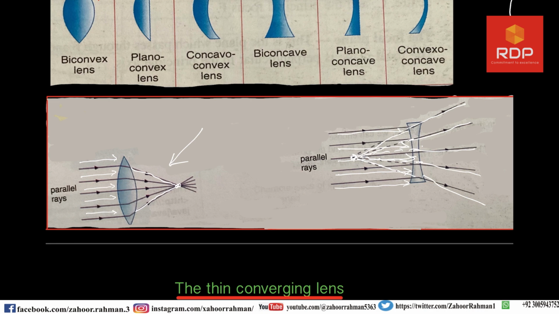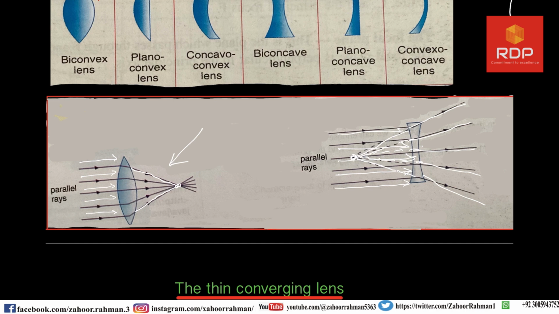Sometimes if both defects are present in a patient's eye, then both converging and diverging lenses are incorporated in one type of spectacles. You might have seen that at the bottom there is a curved semicircle type of lens. They are used for close-sighted people, and the other is for long-sighted people.